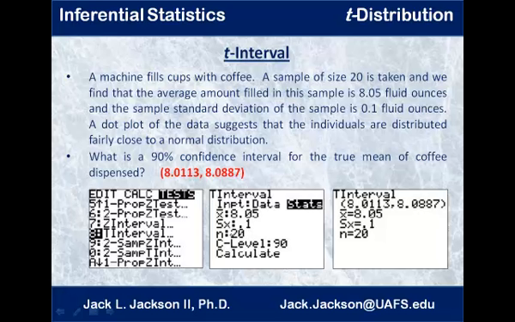It will even compute n from the sample. The only thing you have to give it at that point is the confidence level. And then when you hit Calculate, it will calculate the t-interval from that, and it will output the x bar, the S, and the n. So if we actually had the 20 cups of coffee and their volumes for each one, we could type that in a list, and then it would run everything for us from there.